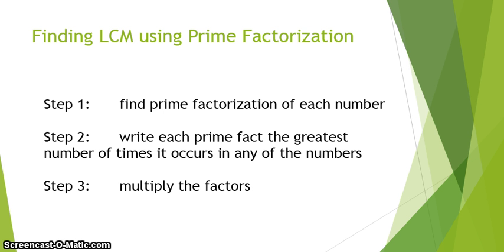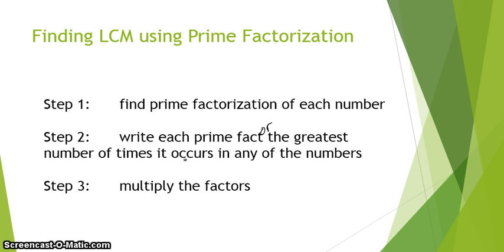Now there is also another way to do this, and you might find this way easier or harder. I guess it depends on the exact problem and what you like. This way uses prime factorization. The first thing you need to do is find the prime factorization of each number that I give you. Next, you write each prime factor the greatest number of times it occurs in any of the numbers.